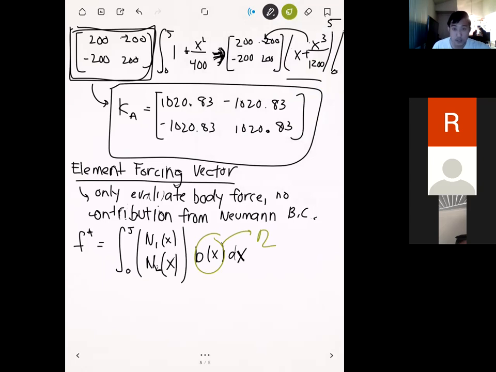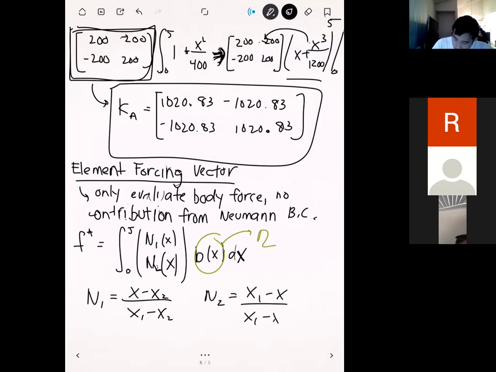So it's just going to be a constant, and then we can plug in our shape functions here, where N1, remember, is going to be (x minus x2) over (x1 minus x2), and N2 is going to be (x1 minus x) over (x1 minus x2).